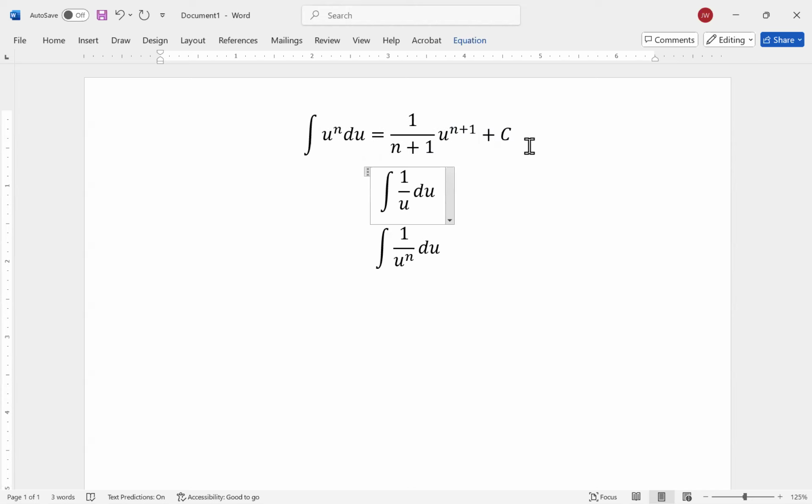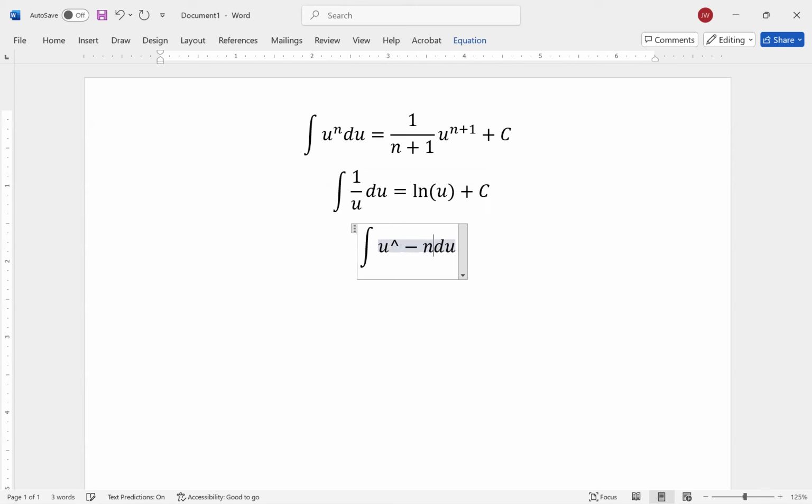And then if we were to integrate 1 over u with respect to u, that would be the natural log of u, again, plus c. And if we were to integrate 1 over u to the nth power, I'd probably think of that as u to the negative nth power and do the same thing as above.